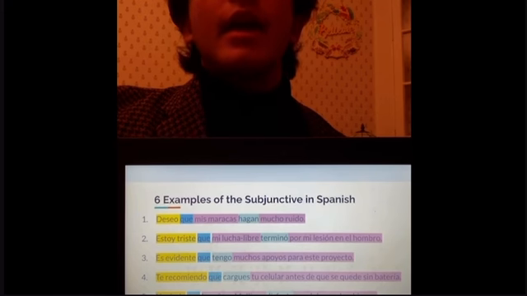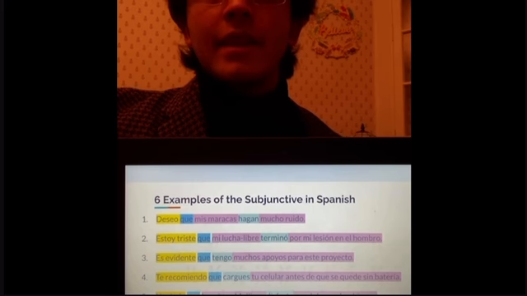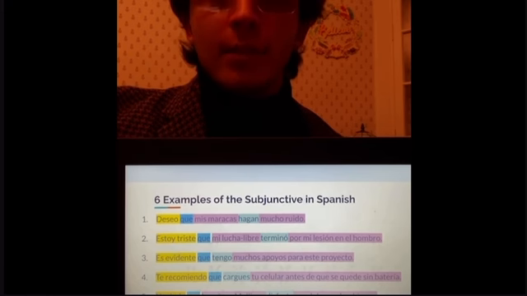Ojalá is the main clause which connects via que to La Señora Mulligan tenga una exitosa cirugía de corazón being the subordinate clause, and tenga in green is the verb.